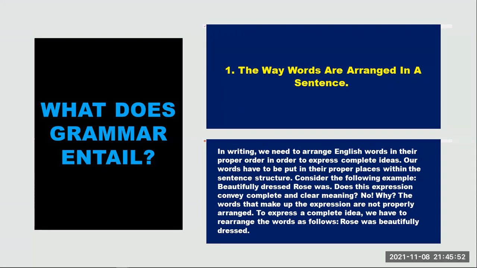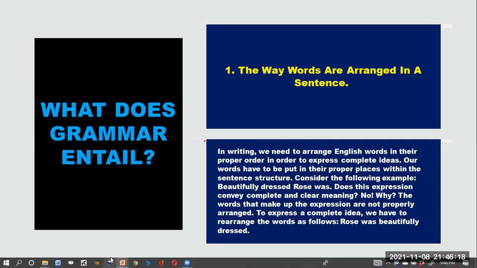When we arrange English words in their proper order, we are able to express complete ideas. And you ought to understand that it is the sentence that enables us to communicate complete ideas, to express complete thoughts.